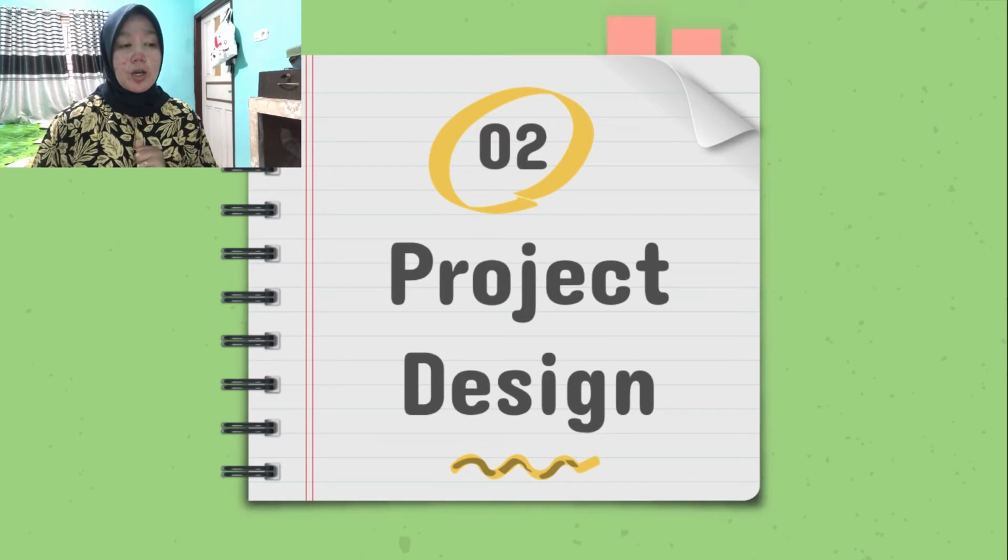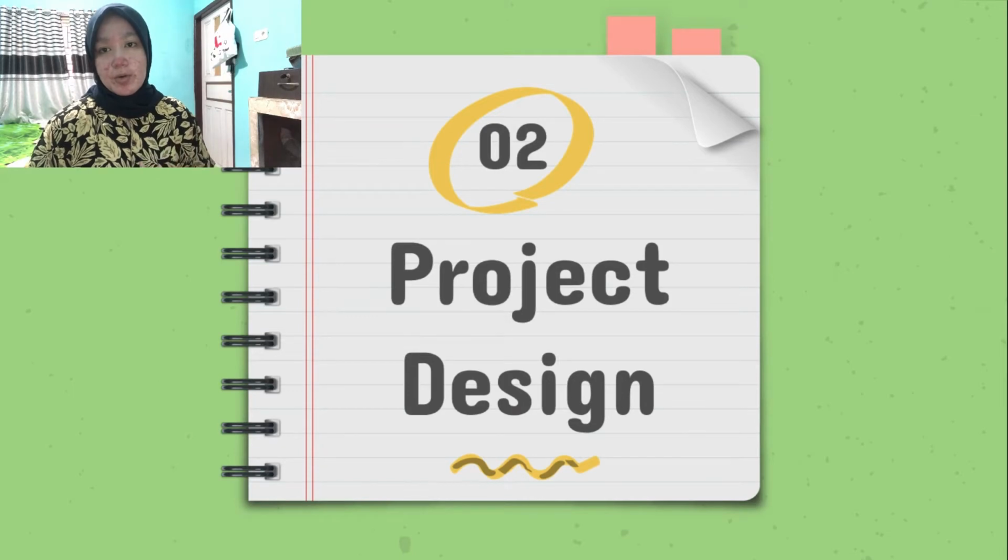Okay, after we talk about the definition of research, we already know why we have to do research, right? So I will move to the project design. Especially in doing research, we have to first design the project that we want to do.